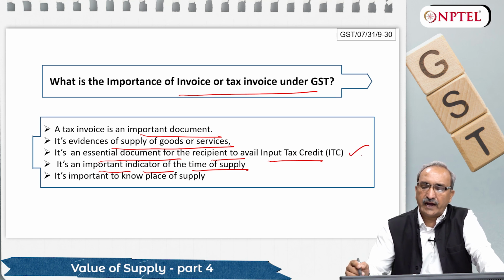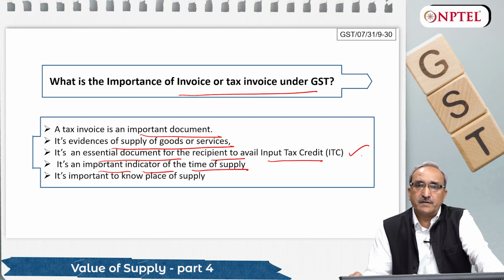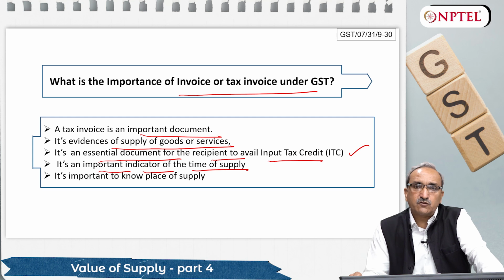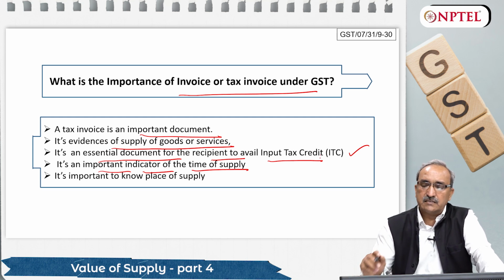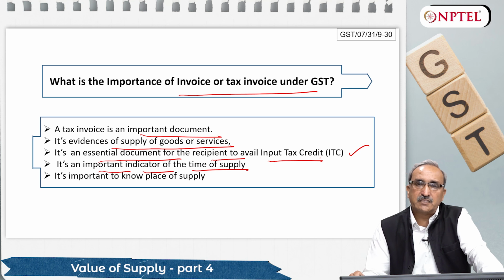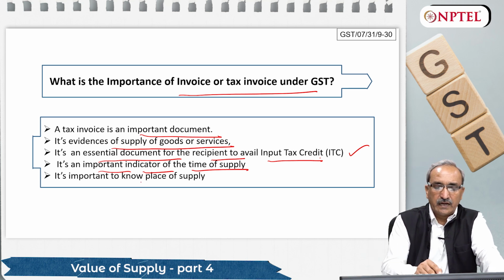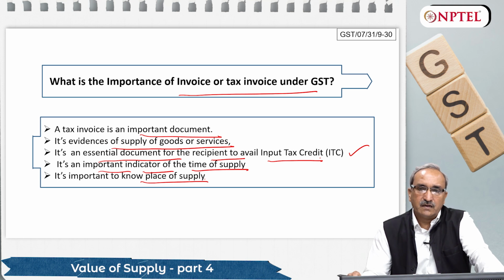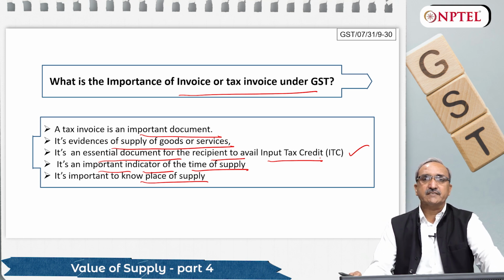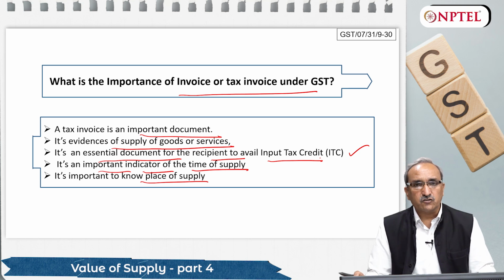And for the benefit of ITC, as I explained in previous slides, the set-off of your tax liability against the tax you have already paid to your supplier, the ITC benefit will be available based on this invoice only. And it also decides place of supply, because GST is a destination-based tax. So where the consumer consumes the goods or services will be decided by the invoice only, and based on that revenue will be transferred to that particular state where the consumption ultimately takes place.